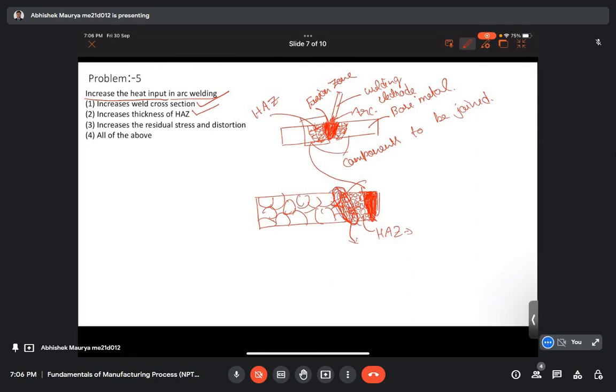And since there is a strain incompatibility, the microstructures will not remain in a stress free position, they will remain strained. If they remain strained, then what will happen? Then there will be presence of residual stress. So here strain incompatibility will be there.